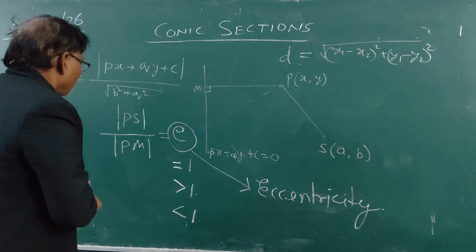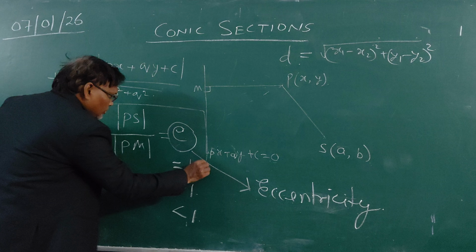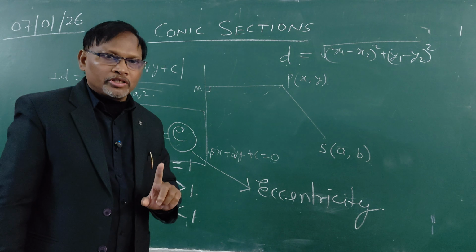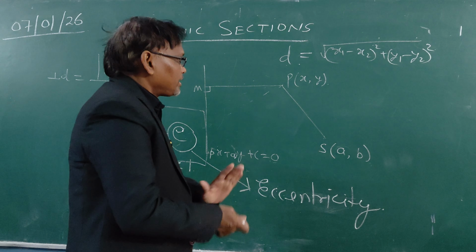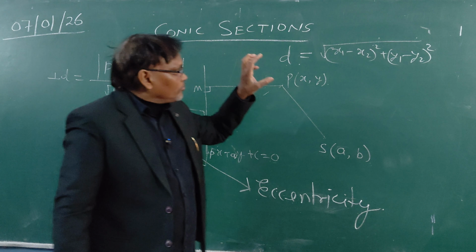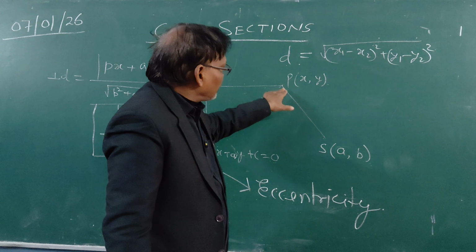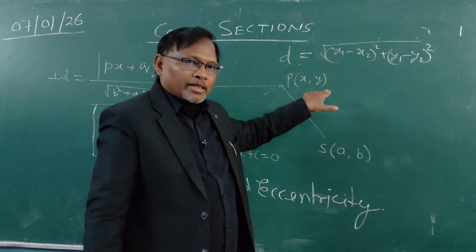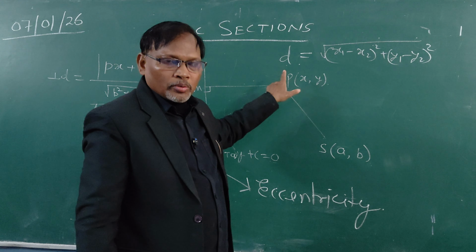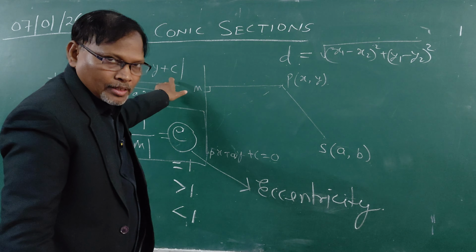So now, the first formula is known as by definition. In this you will get a fixed point and a fixed line. You have to suppose by yourself that P is the movable point (x, y). Then you will find the distance from the fixed point to the movable point and from the movable point to the line also.